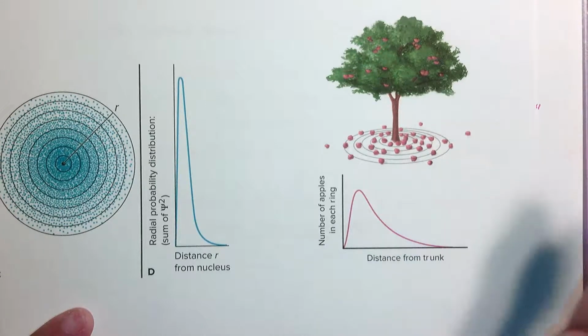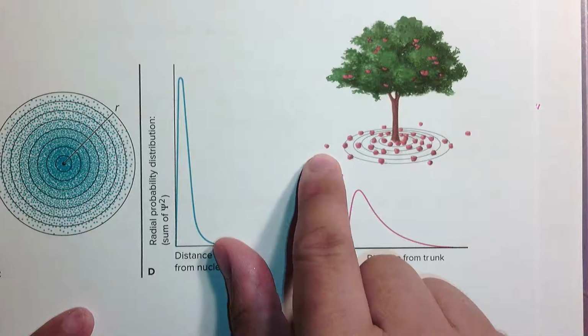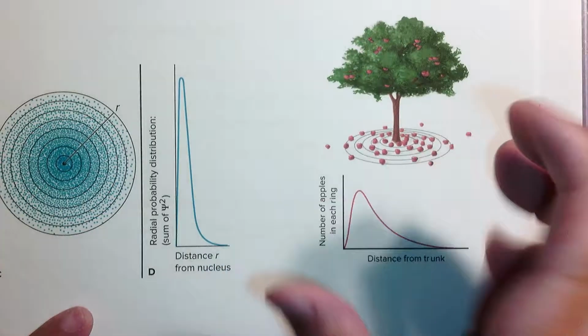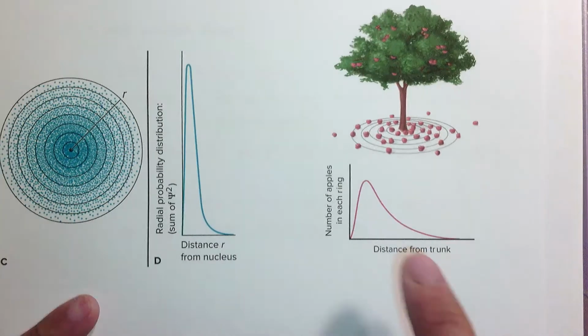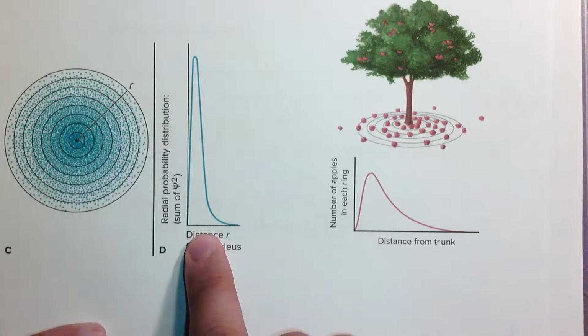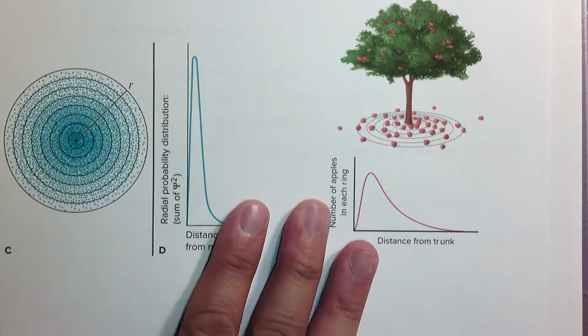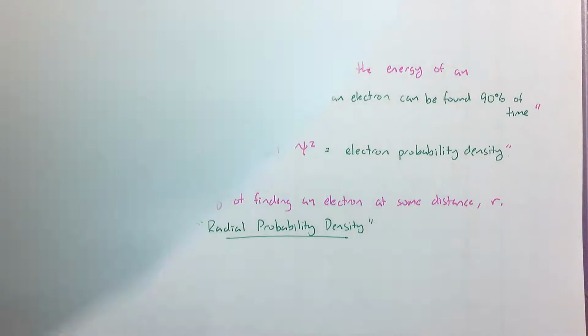The other 10% of the time, it could be outside of that volume. Again, you have to think of this in 3 dimensions, not just a flat surface. That curve looks very similar to this curve here. We will do more with this in future videos, probably the next video or the next 2 videos.